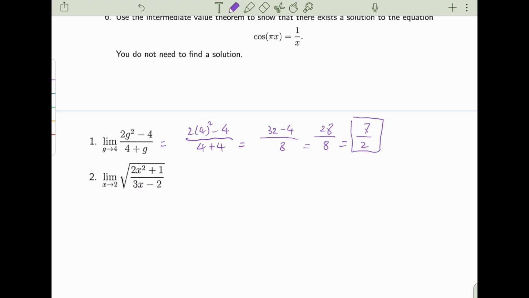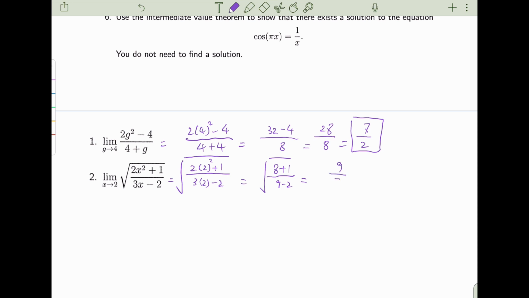For the second question, do the same thing: just plug in 2 into the expression, so that we have the square root of 2 times 2 squared plus 1, divided by the square root of 3 times 2 minus 2. So 2 squared is 4, 2 times 4 is 8, and 8 plus 1 is 9.